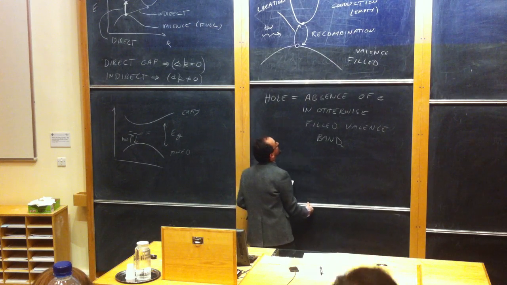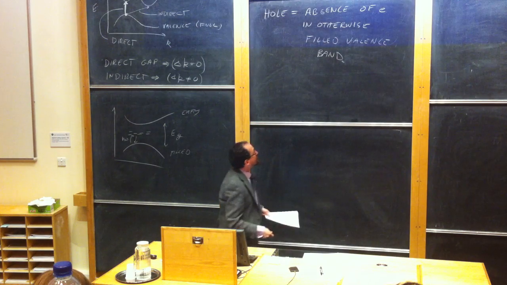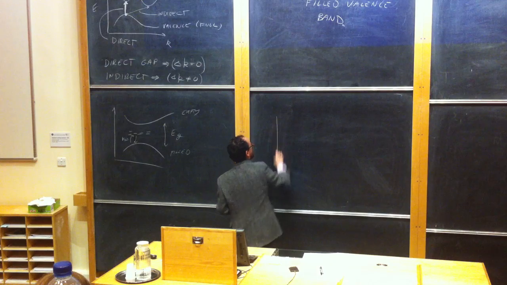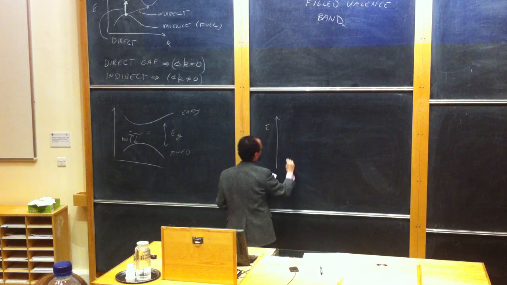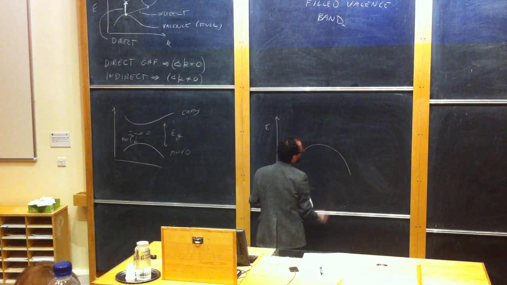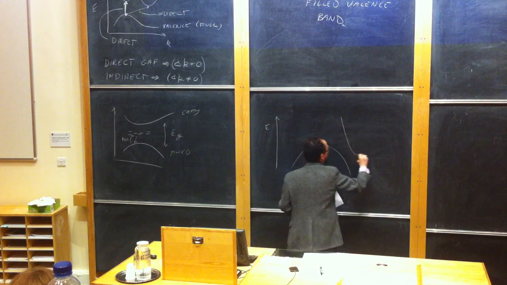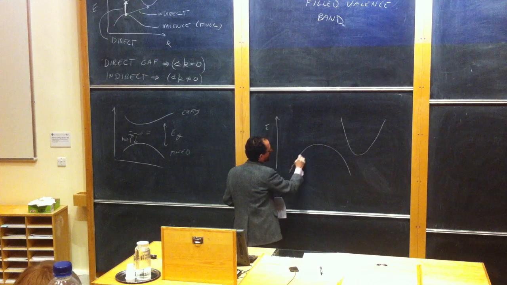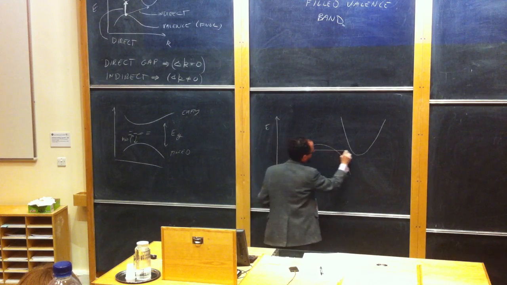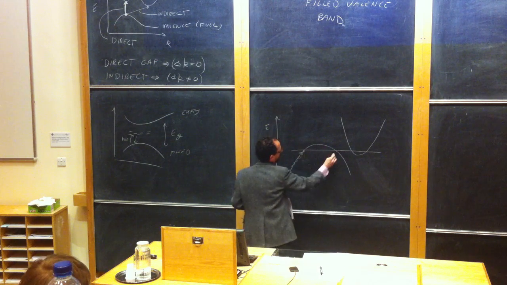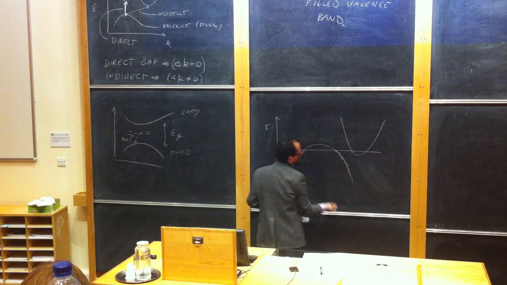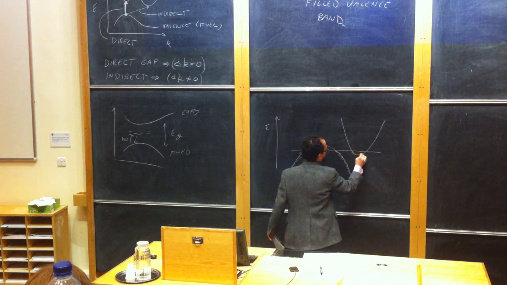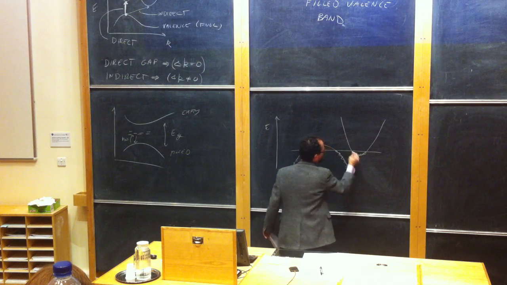Now there are other ways to get electrons and holes in your system. One way that we discussed last time, again, an energy diagram, we can have our valence band like this, and if our valence band and our conduction band overlap, then instead of having the entire valence band filled and the entire conduction band empty, we'll have a metal where the valence band is, say, mostly filled, and the conduction band is a little filled.